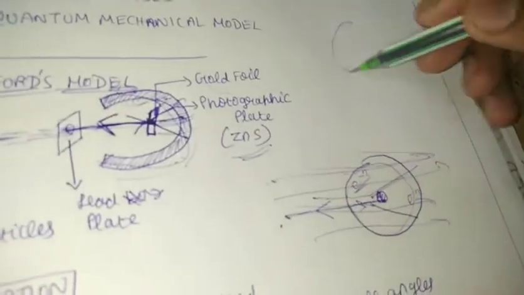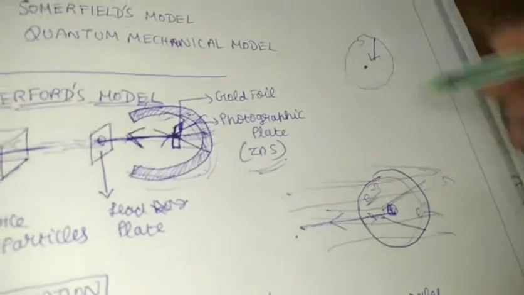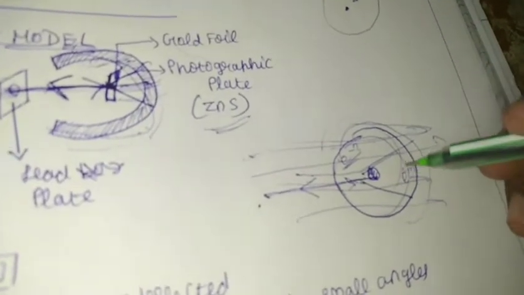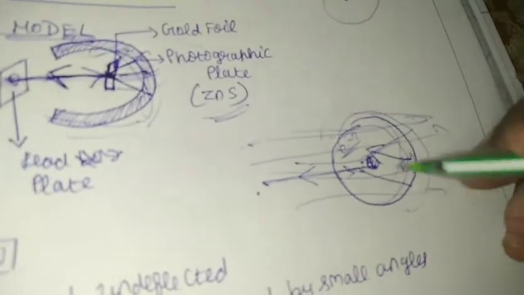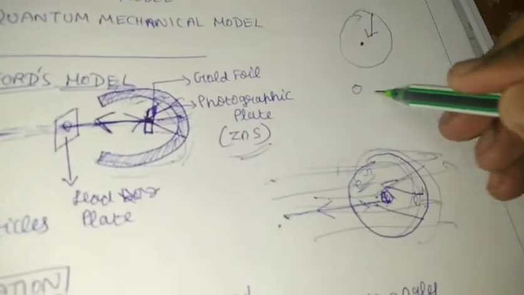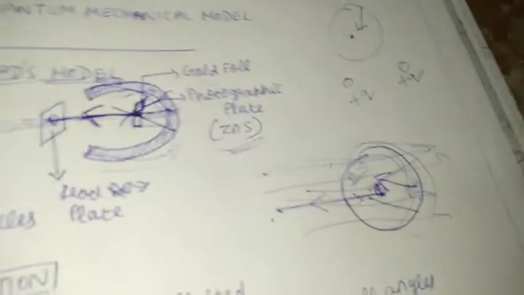And you have read about centripetal and centrifugal force in 9th standard. A body moving in a circle experiences a centripetal force towards the center. So an electron, if it moves in a circle, experiences a centripetal force, and also an electrostatic force. Electrostatic force is a force between two charged particles, plus q and plus q, which you read in 12th standard.